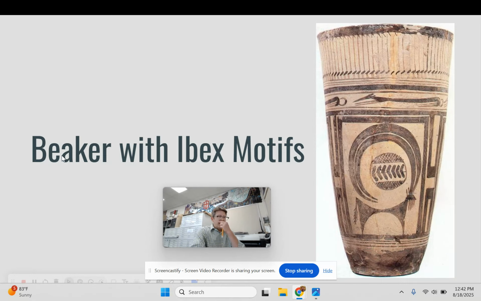So the name Beaker with ibex motif means that we are describing this animal that's here, but there are actually more animals hidden within this piece itself.